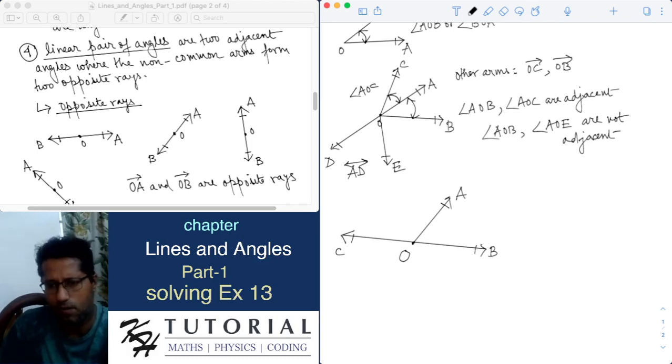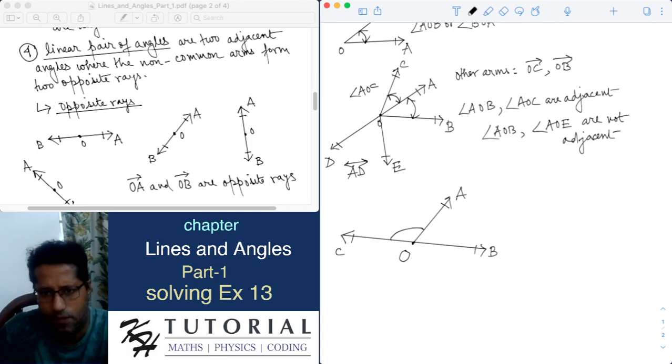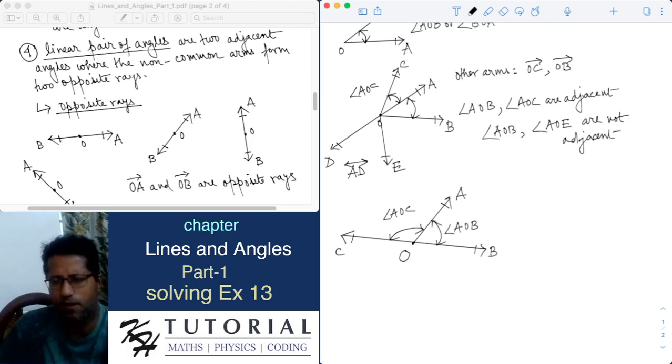And so now the arms OC and OB are opposite rays, and this angle, which is angle AOC, and this angle, which is angle AOB, are a linear pair of angles. Obviously they are adjacent angles because the arms OC and OB are on opposite sides of the common arm OA, and above that, the arms OC and OB form two opposite rays.